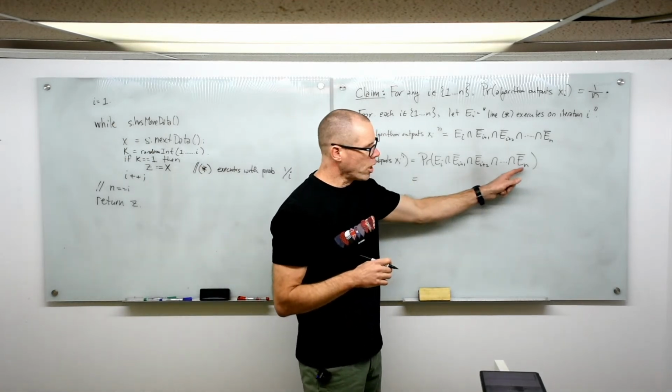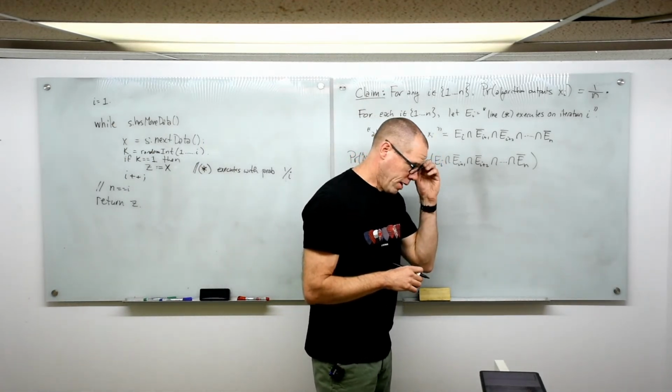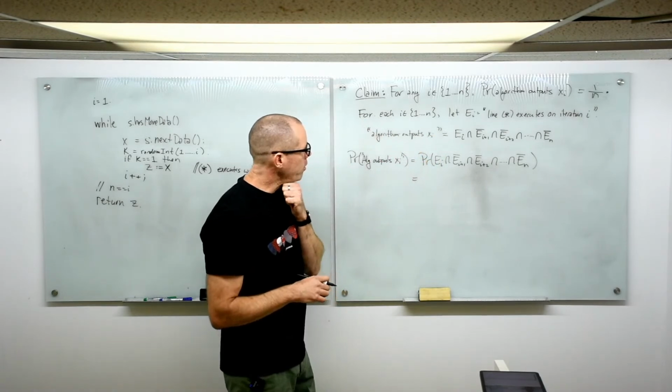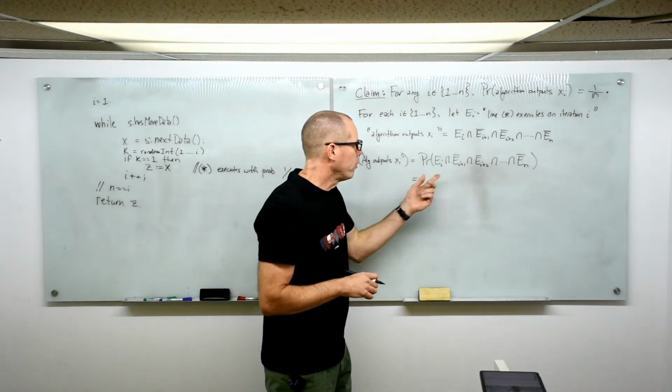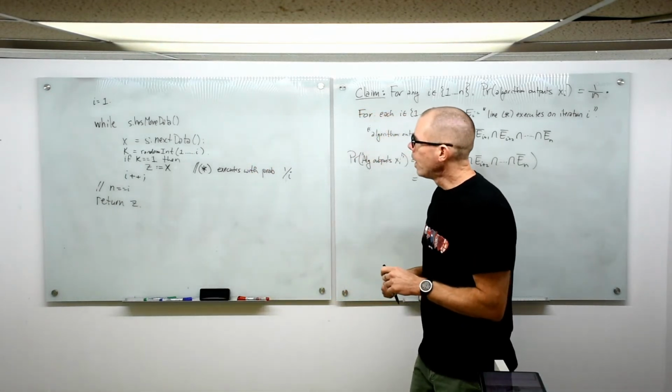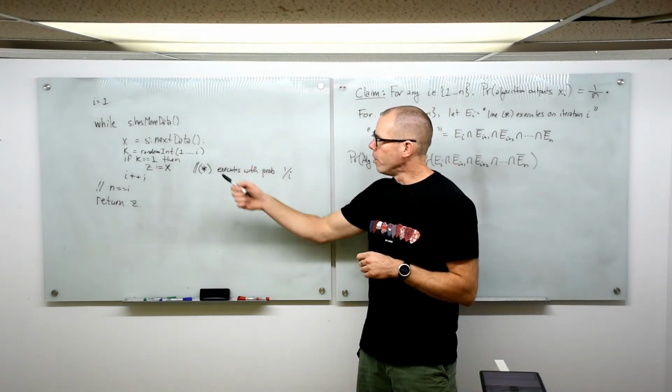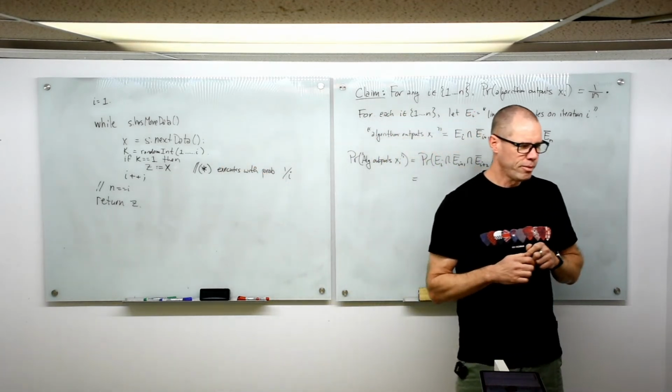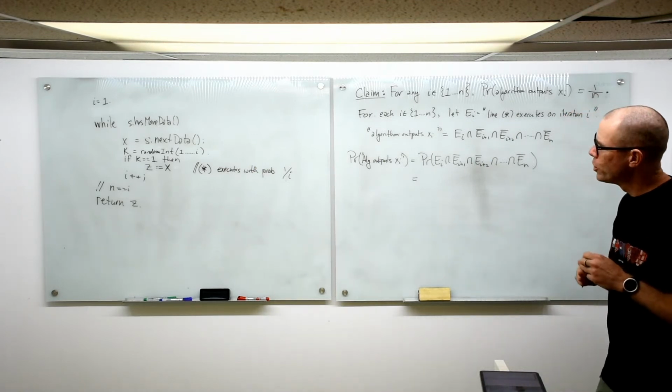Now we have a conjunction of a bunch of events, so we better hope that they're independent. Are they? That depends on this random number generator.